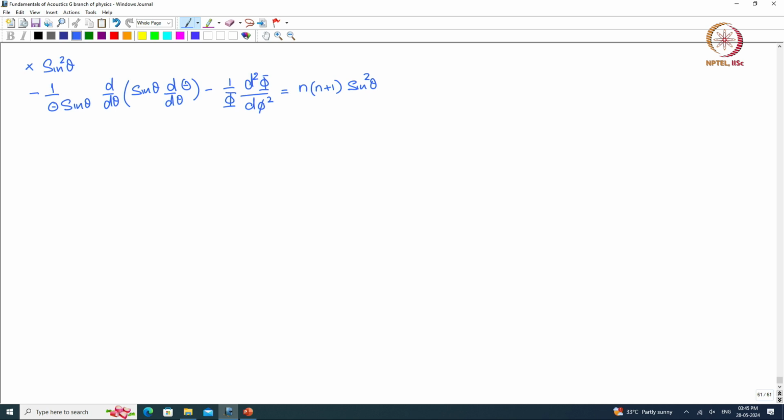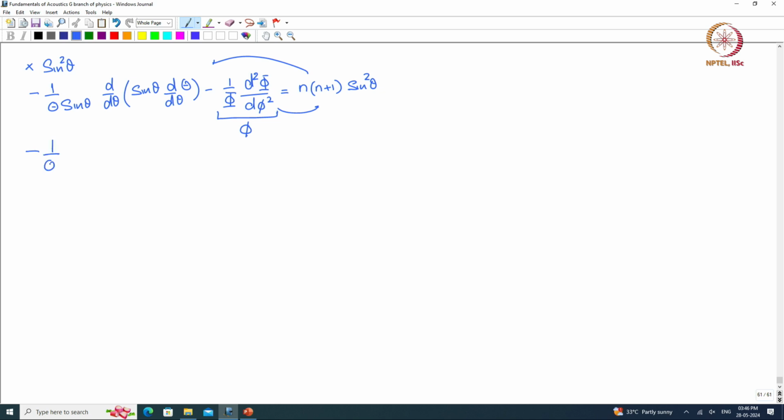Now this is solely a function of phi. So we will switch this to this side and this to this side, and what do we get?